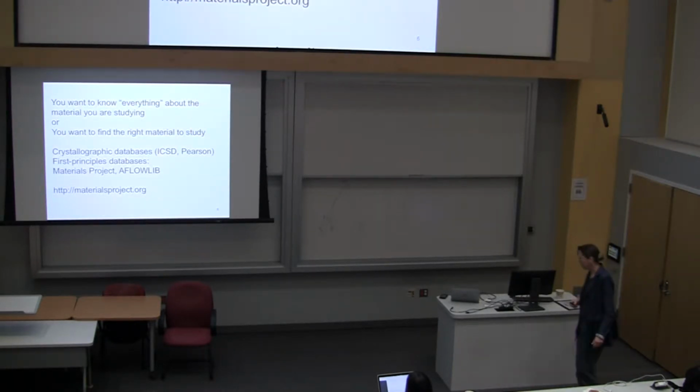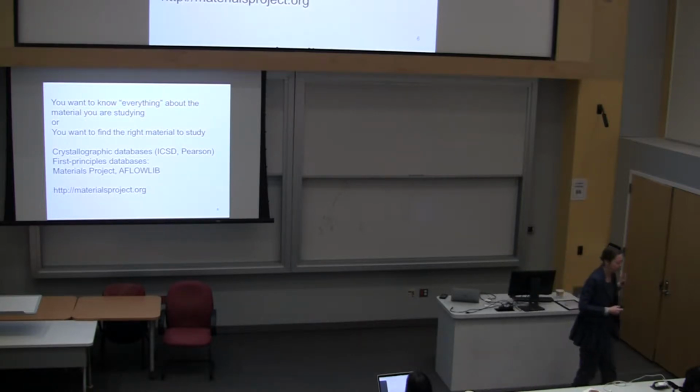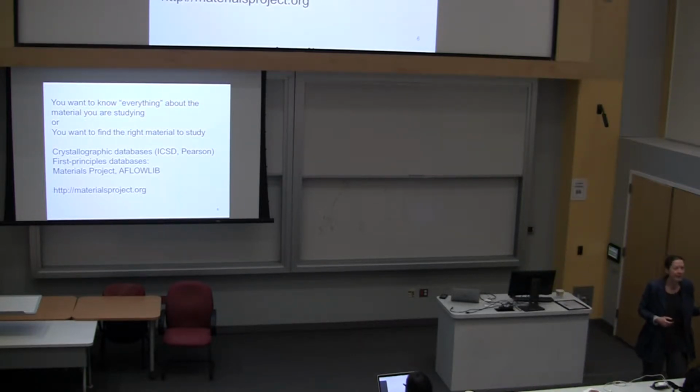Okay, so basically, when you come to first principles, there are two possibilities. You already know what material you're studying, but you want to know everything you can know about it.